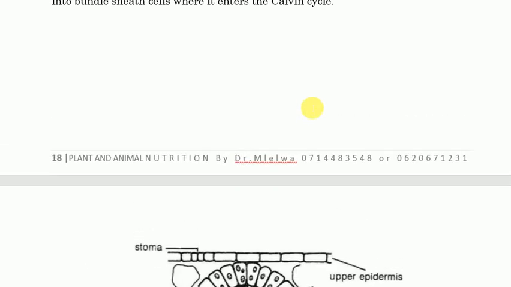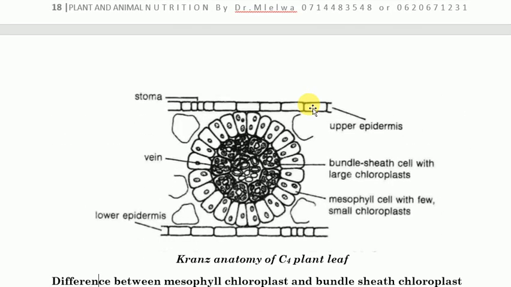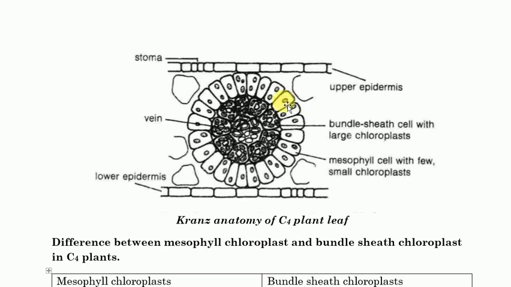So this is just the diagram which shows the Kranz anatomy, and as you can see here, there is the outside ring of cells and the inner ring of cells. These are the vascular bundles.